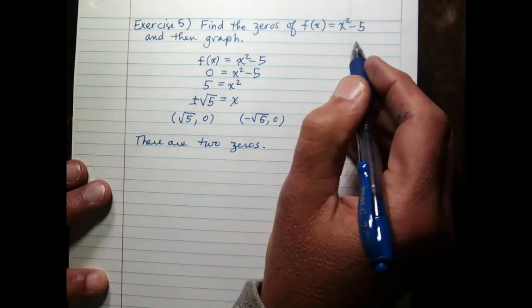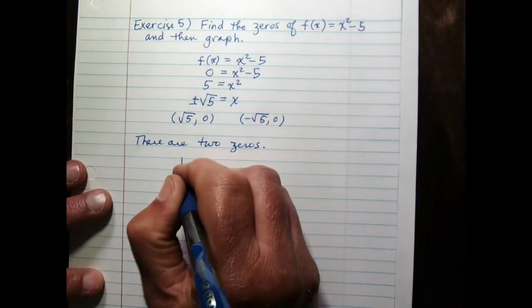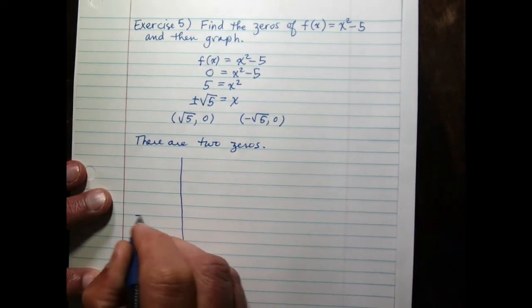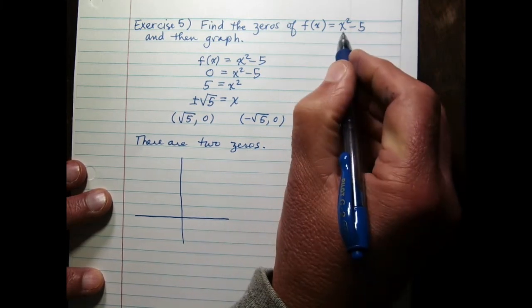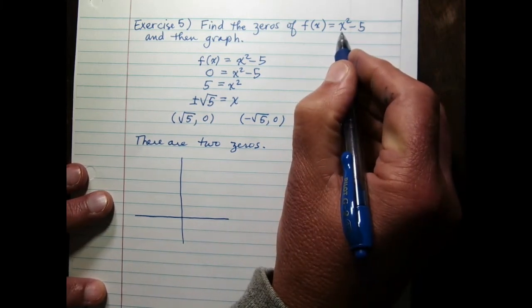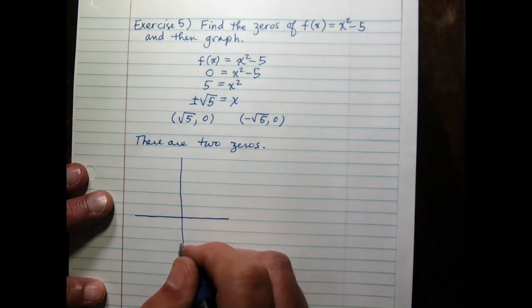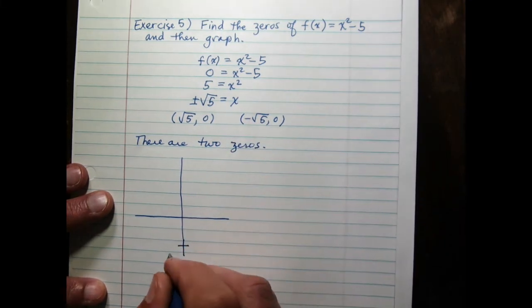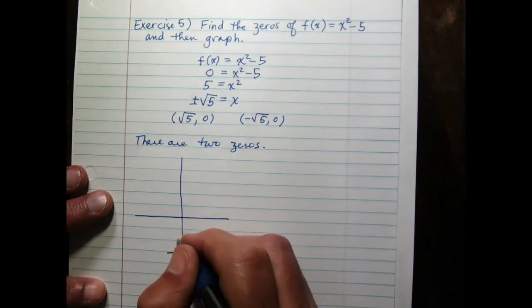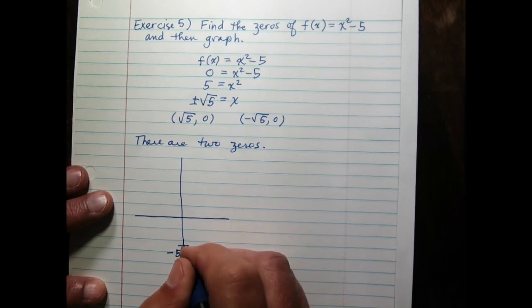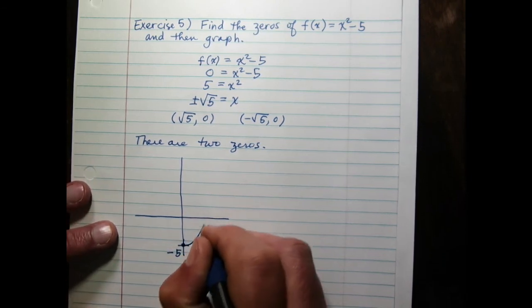This is a very easy function to graph. It should be easy for us at this point because we're just taking our y equals x squared graph and shifting it vertically down 5 units. And so the turnaround point comes down to -5.